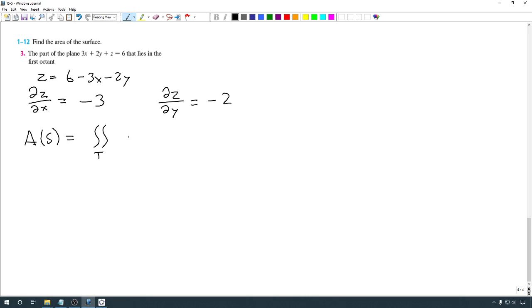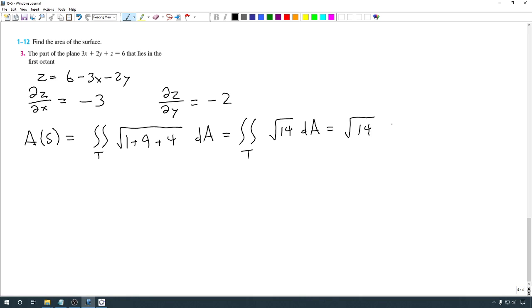Let's call it T, just to be kind of cute with it. We'll have 1 plus -3 squared is 9, plus -2 squared is 4, which actually simplifies fairly nicely to the square root of 14. And we can even pull out that square root of 14.